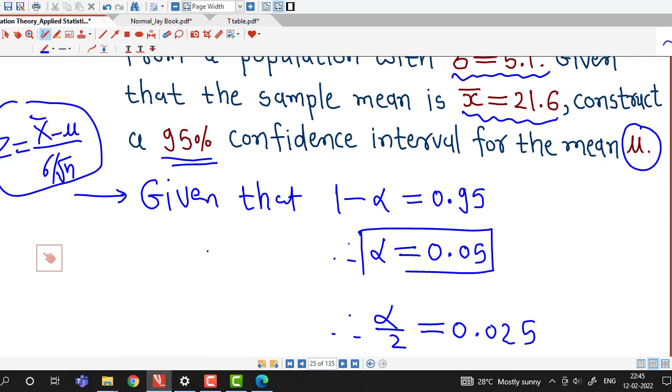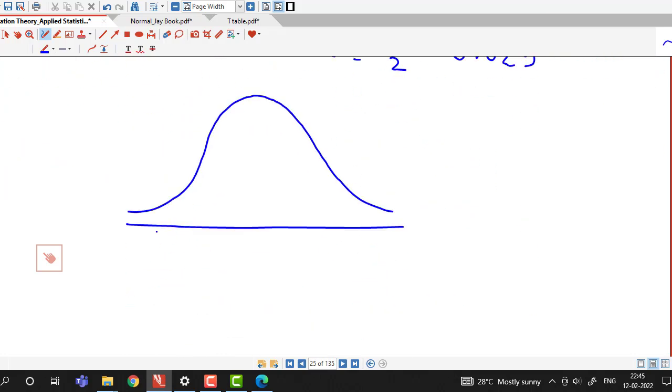Here the confidence level is 0.95. Suppose one point is z alpha by 2, the other is minus z alpha by 2, and in the middle we have mean equal to 0.